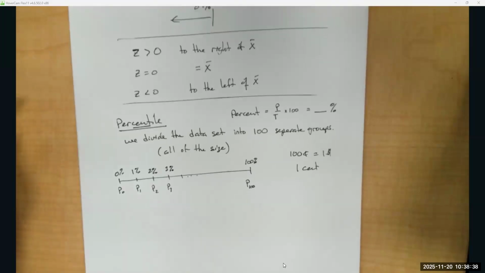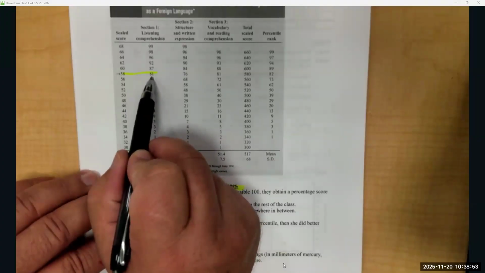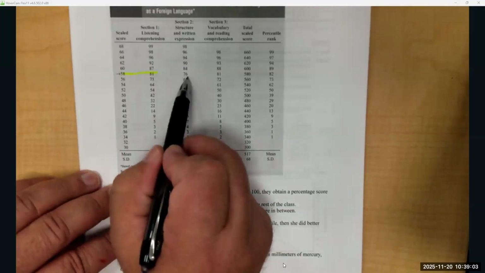Now, for example, here's the example I said earlier. If you scored a 58 on your foreign language exam, with respect to everybody else, with respect to listening, your actual score is an 81. Your section 2, your written one, is 76. But what do these numbers mean? What does 81, what does 76 mean?